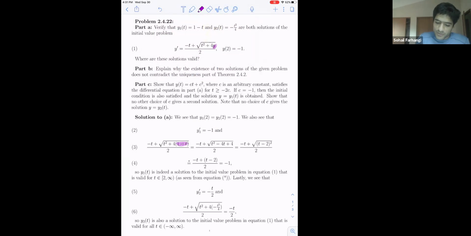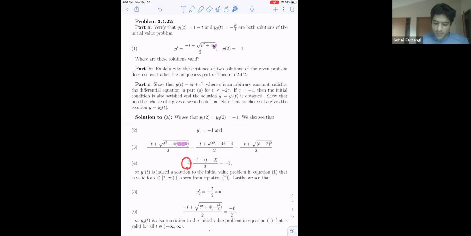And then we're just going to simplify the algebra from there. t squared minus 4t plus 4 is what we're going to get. This happens to be t minus 2 squared. And now when we take the square root, we get t minus 2.